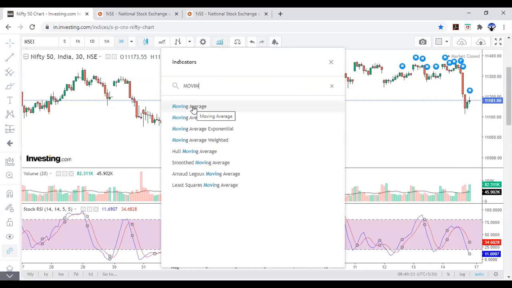As per the triple moving average, I enter three averages.